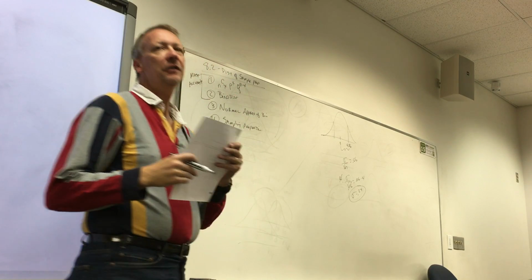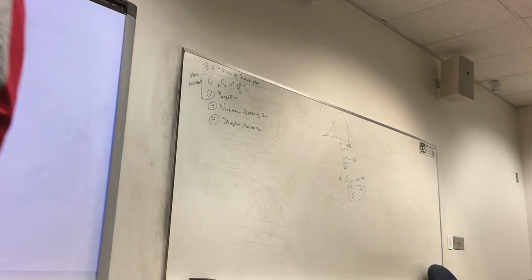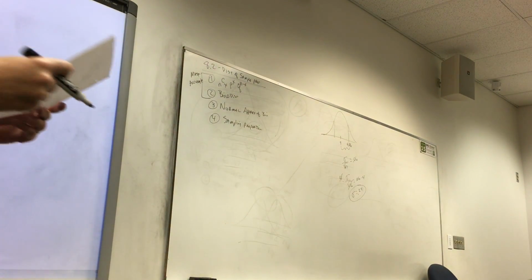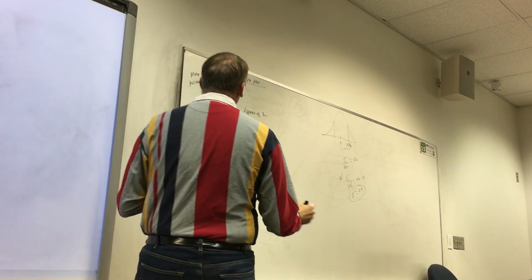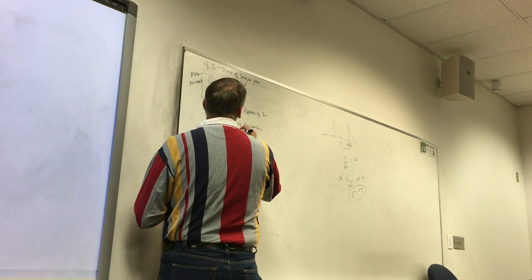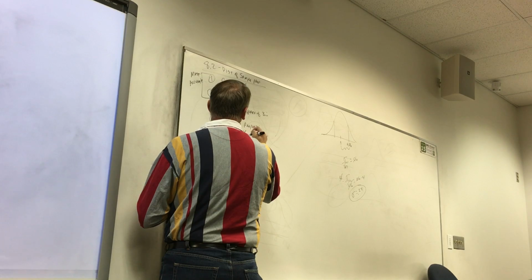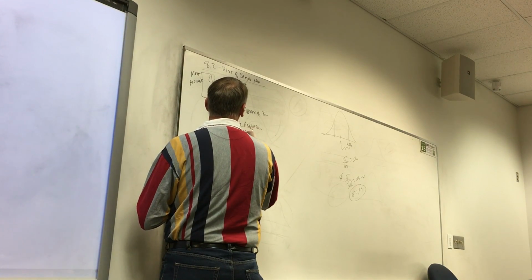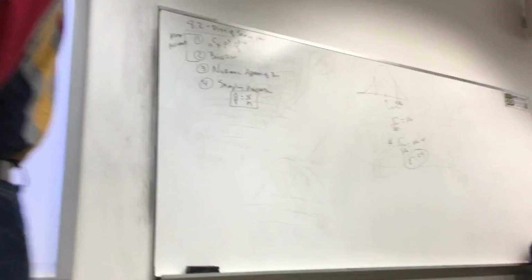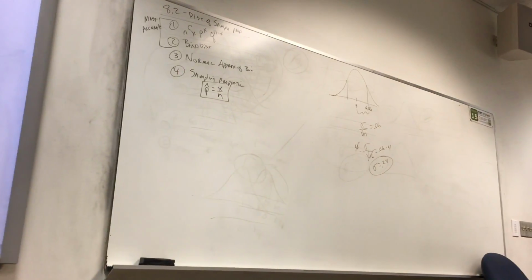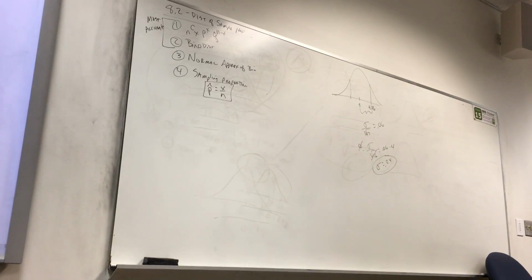Okay? Now there's going to be some different things that we're going to be doing. So with the sampling proportion, I'm going to say that p hat equals x over n. Okay? Now, if I ask how many Hillary Clinton supporters are there in this class? Okay? We could do an informal poll.